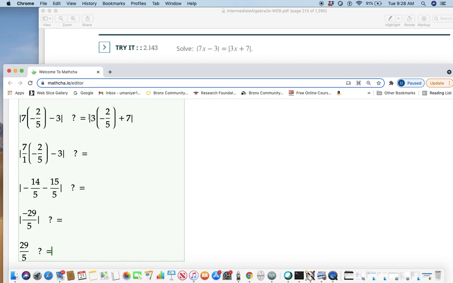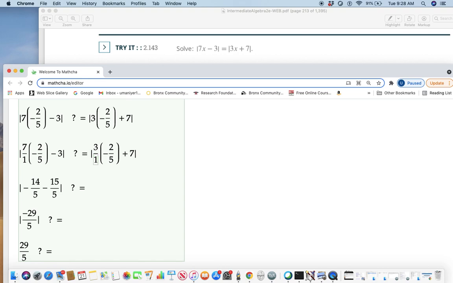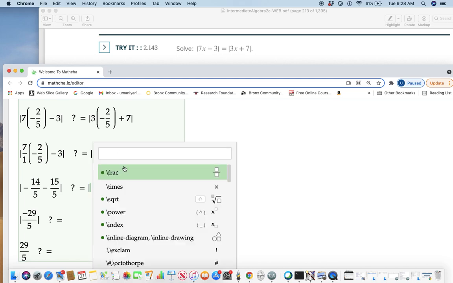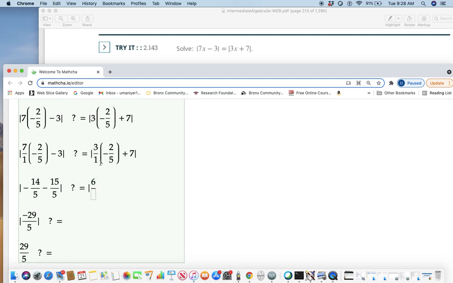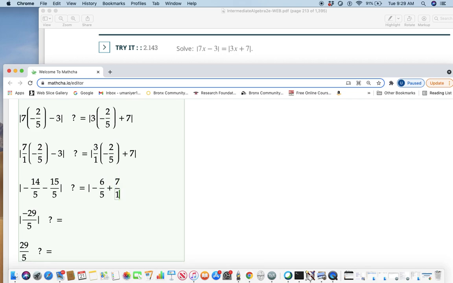So going here, let's see. 3 you're multiplying. 3 is nothing but the fraction 3 over 1. When I multiply this, I get the absolute value of 3 times 2, 6, over 1 times 5, 5, and a plus times negative is a negative. I'm adding 7. 7 is nothing but 7 over 1.